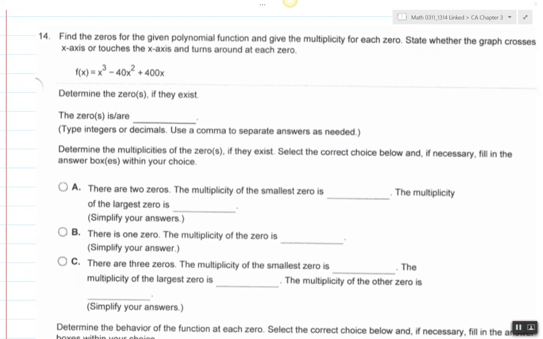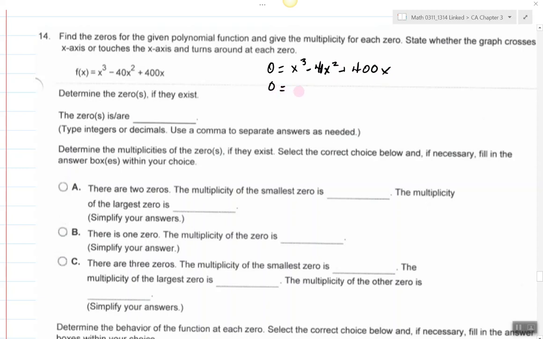All right, find the zeros here. Now I can use my grapher. I think this time I will go ahead and find the zeros. 0 is equal to x to the third minus 40x squared plus 400x.